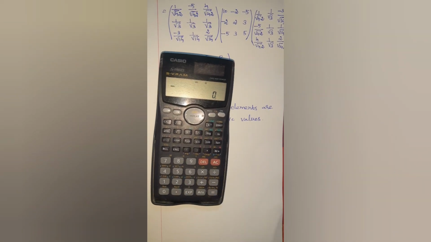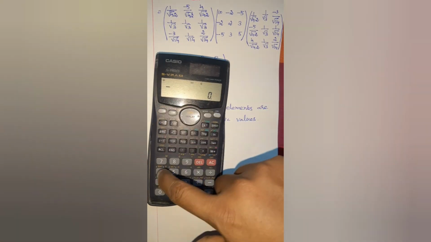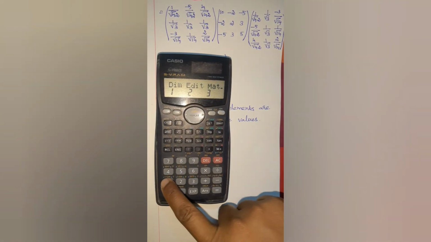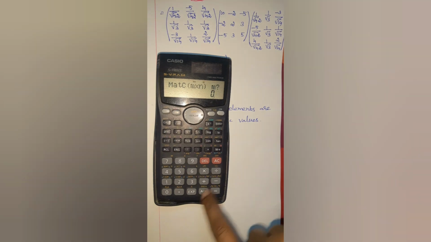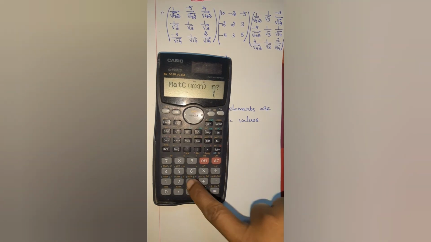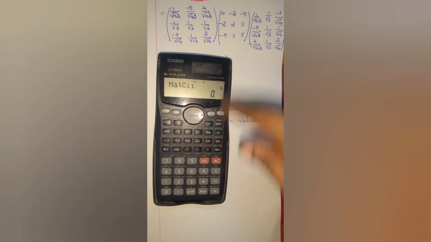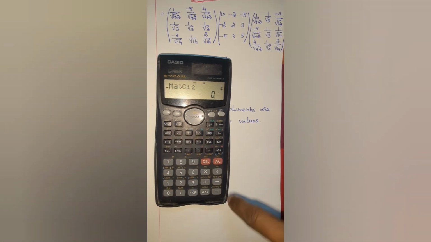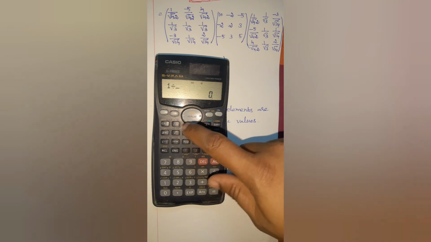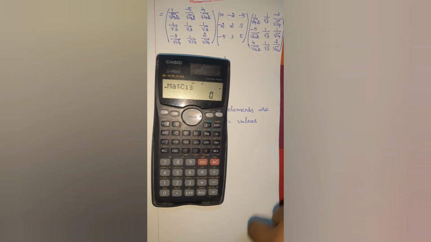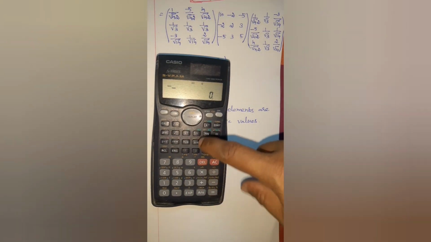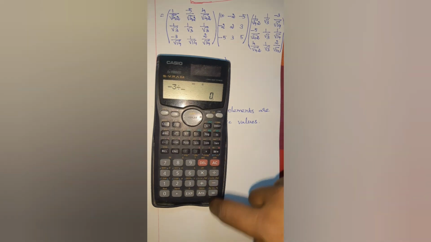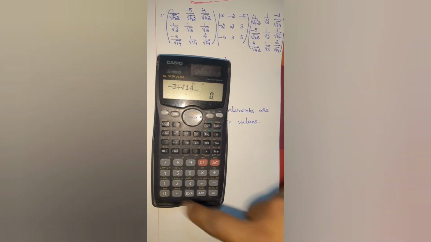Okay, press AC and then shift mat. Dimension of the third matrix C is 3. This is also a 3 by 3 matrix. C11, the first entry, is 1 divided by root 42, 1 divided by root 3, minus 3 divided by root 14.